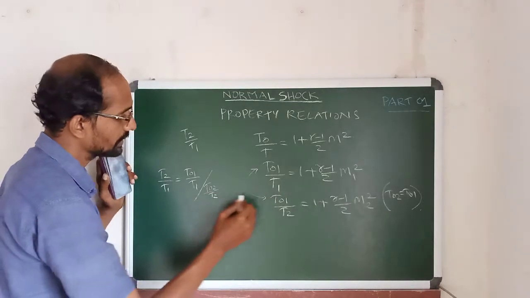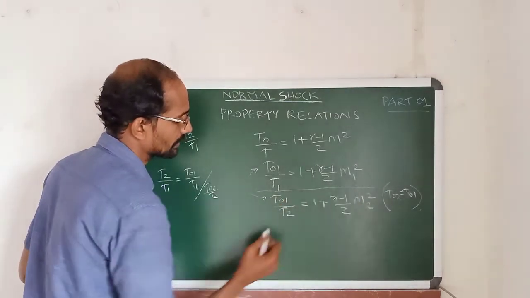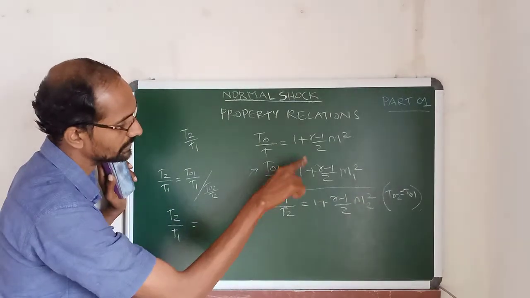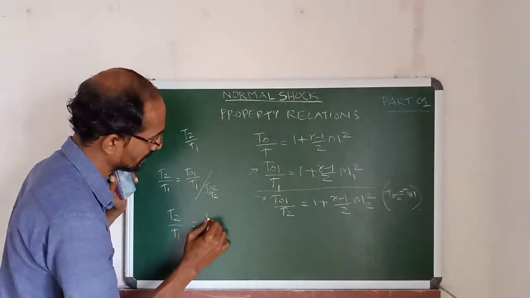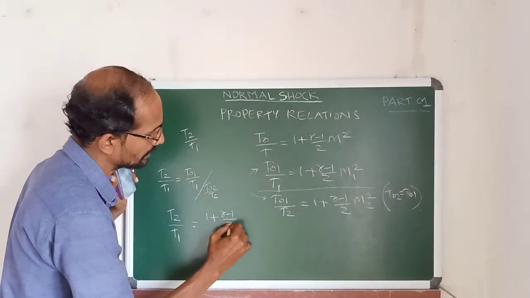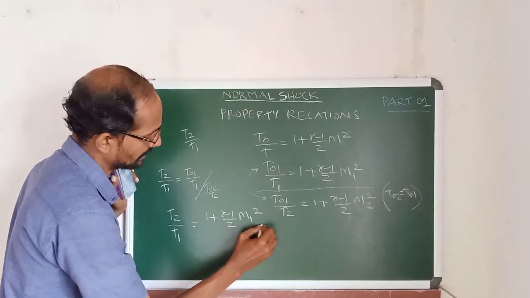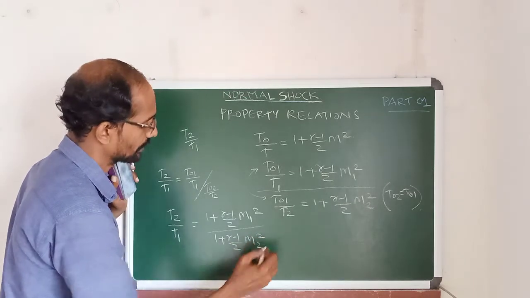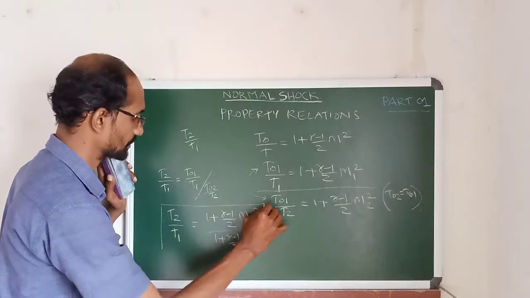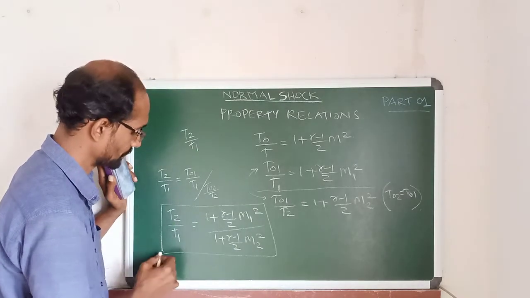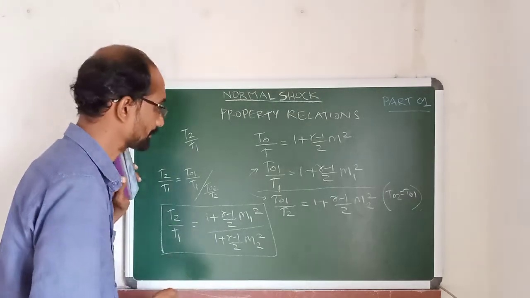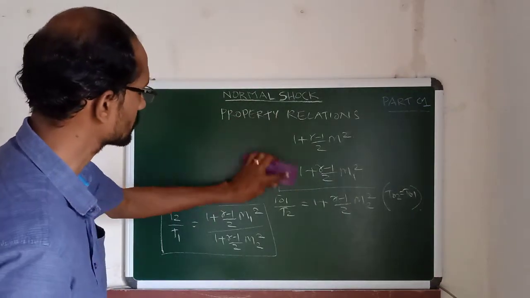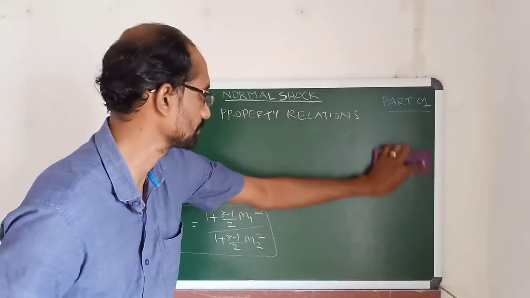If you simply divide these two equations, what you get is T2 by T1 equal to 1 plus gamma minus 1 by 2 M1 square divided by 1 plus gamma minus 1 by 2 M2 square. So this is the final expression. You have to write this down. We have derived an expression for the temperature ratio across the shock wave in terms of Mach number.